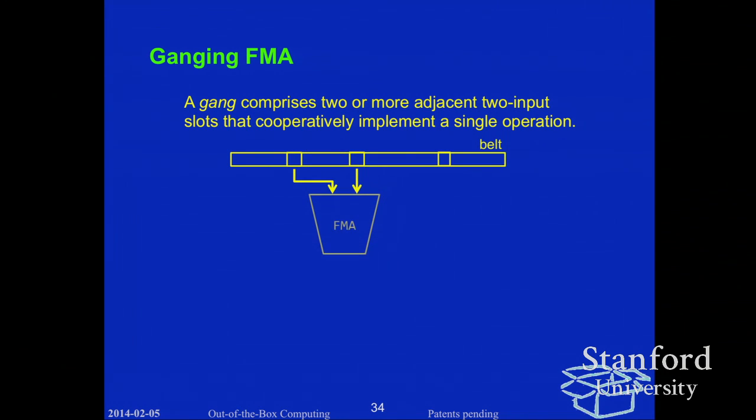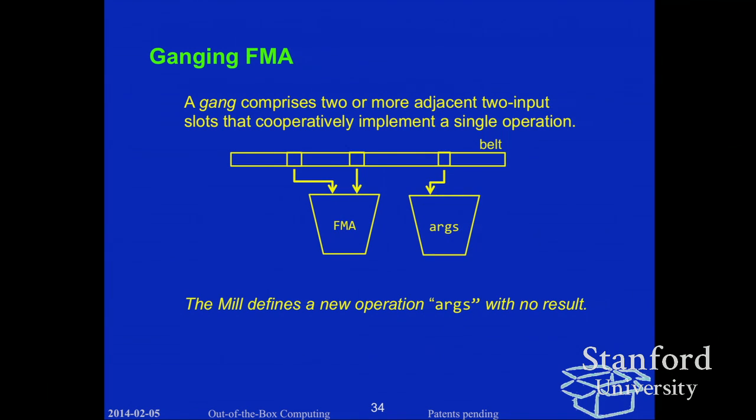When what you want to do is a 3 input, those slots cooperatively implement a single operation by defining another operation, whose name internally is called args, that has inputs but no results.